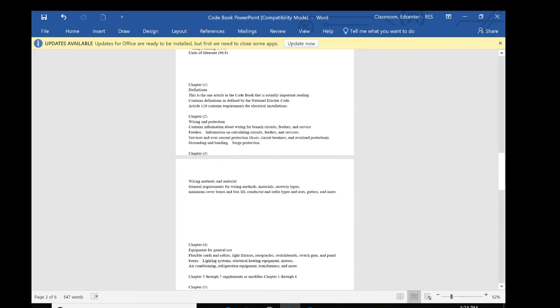Chapter 3, wiring methods and material. So Chapter 3 has quite a few tables in it. We're going to use the ampacity tables in it, Article 310.16. It also has general requirements for wiring methods, materials, and raceways, the types they are.